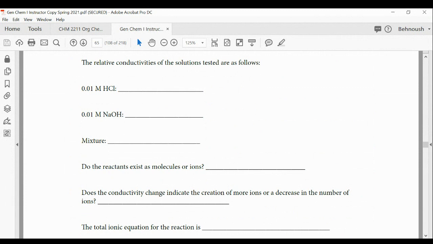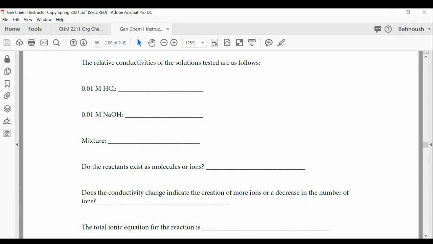You would get sodium chloride and water. Very good. Acid plus base gives you salt and water. The salt comes from the cation of the base and the anion of the acid. So you get sodium from sodium hydroxide and Cl from the acid: sodium chloride and water.